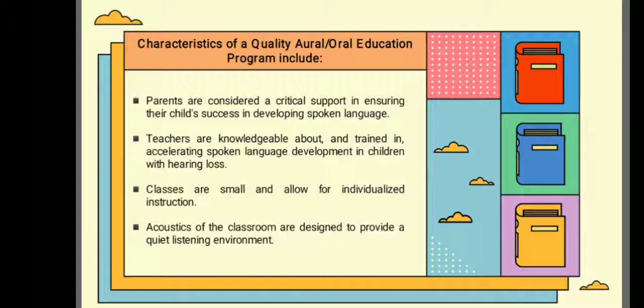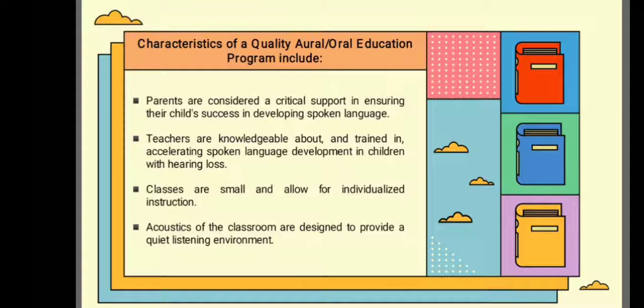Teachers are knowledgeable about and trained in accelerating spoken language development in children with hearing loss. Classes are small and allow for individualized instruction. The acoustics of the classroom are designed to provide a quiet listening environment.